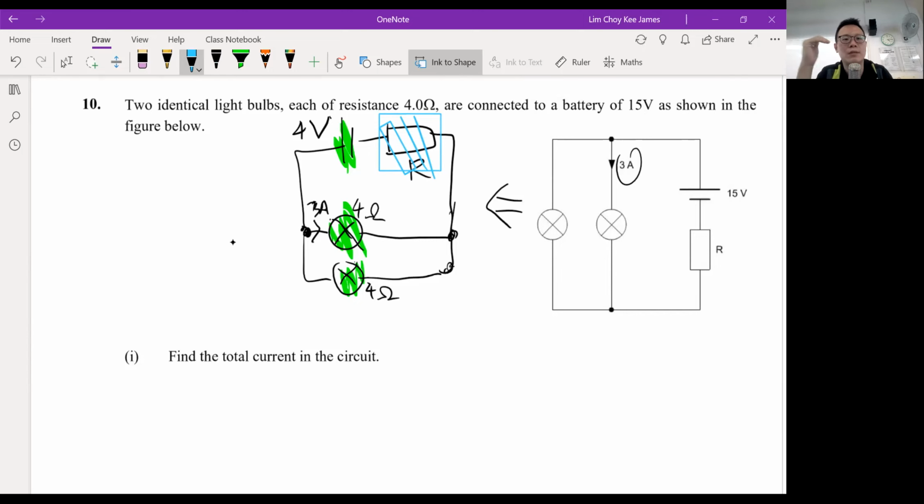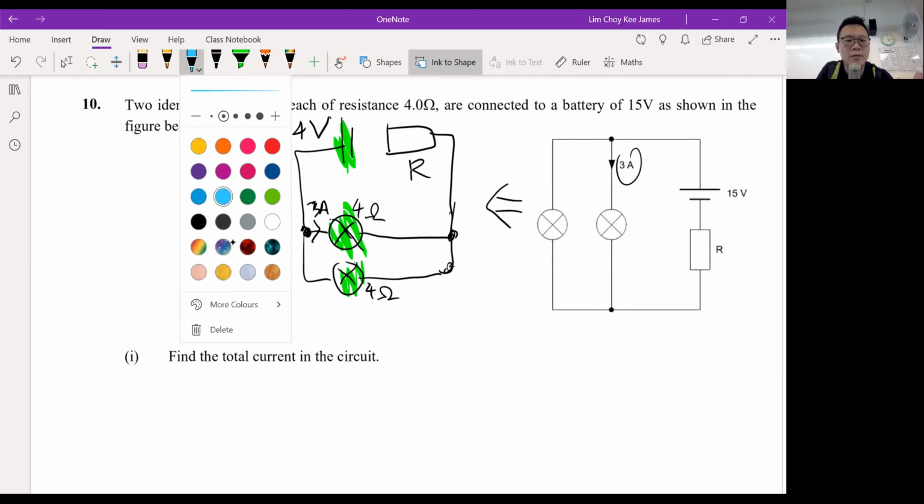If you still can't see that, you need to rearrange the circuit again. Let's lengthen the wire, let me lengthen this particular cable here. Where's my red color? It's lagging.